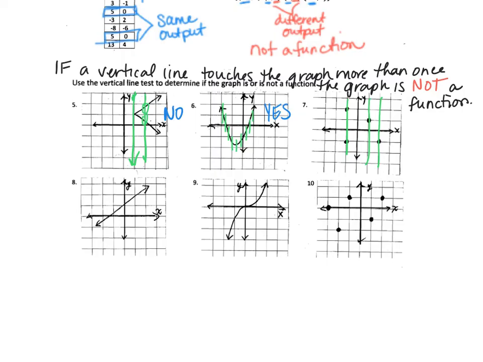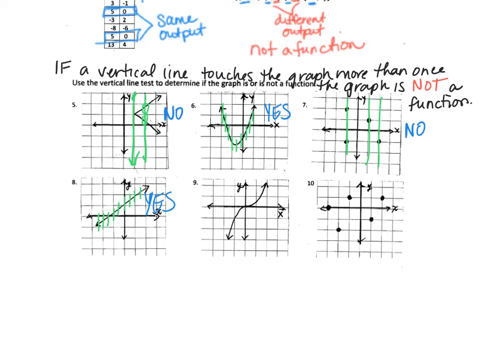It's only allowed to touch once, so this one is not a function. Can you look at number 8? What do you think that is? If I draw a bunch of vertical lines, will I touch the line more than once? No. So yes, it is a function.